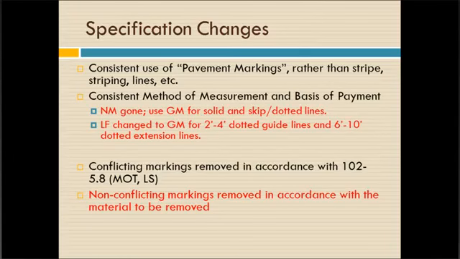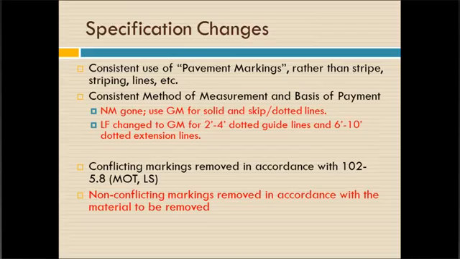So if you had existing pavement marking, existing thermoplastic, and you were not doing any other MOT changes, therefore it was not due to a conflict, that we were not going to be milling it off, but we did need to remove a little bit of thermoplastic so that we could put the new thermoplastic down or new pavement marking material down, then we would pay for that removal under the removal of existing thermoplastic or whatever material is being removed.